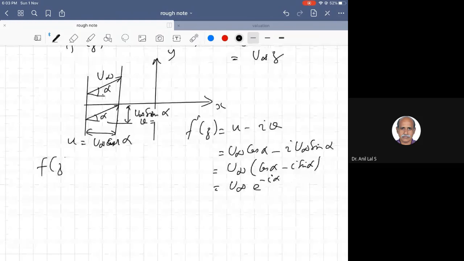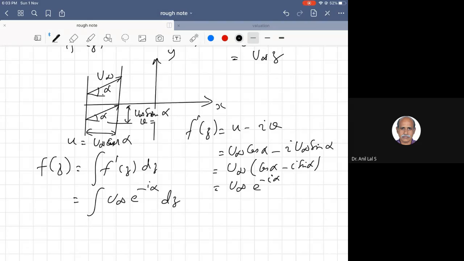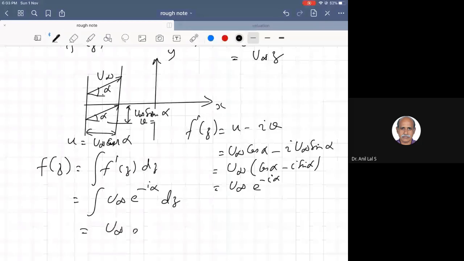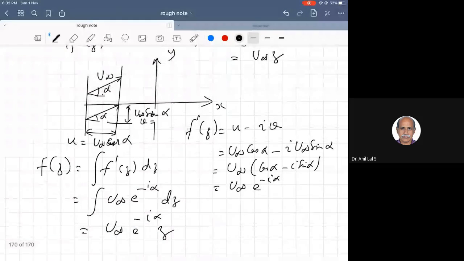F z is equal to the integral of f dash z dz, that is the integral of u infinity e raised to minus i alpha dz, that is equal to u infinity e raised to minus i alpha z.